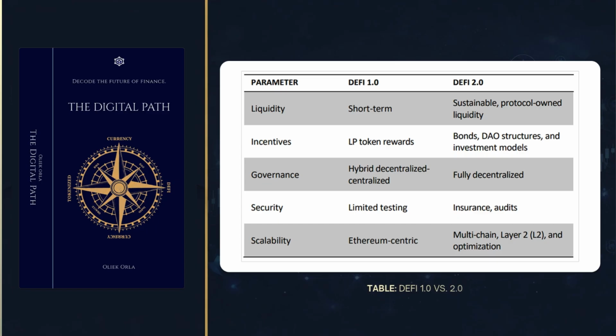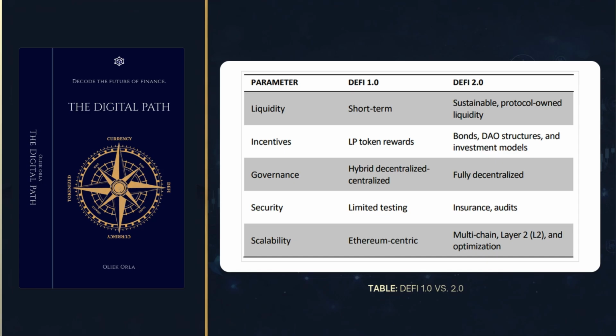Smart contract insurance adds another layer of protection, safeguarding funds against potential code vulnerabilities in a way that resembles traditional bank deposit insurance. Pioneers of DeFi 2.0 introduced fundamentally new approaches to liquidity and capital efficiency.